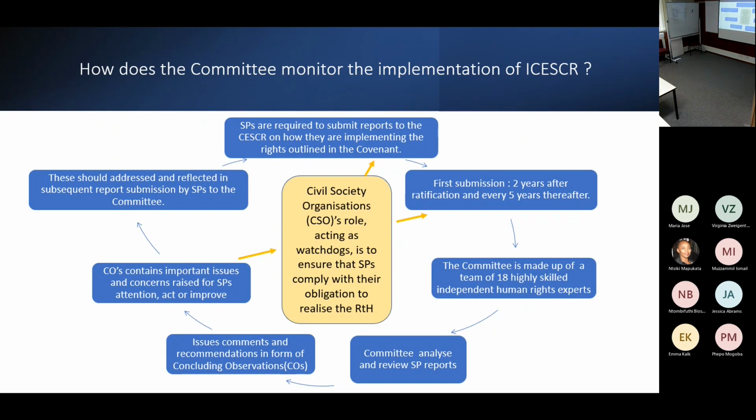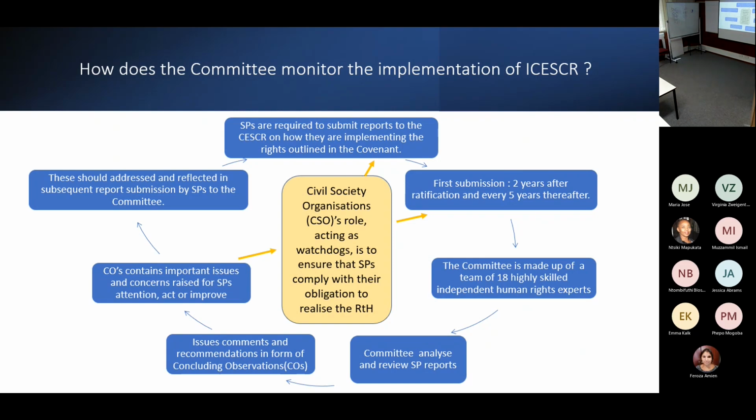These submissions go to the committee, which is made of 18 skilled and independent experts in human rights law. The committee's duty is to analyze the reports submitted by state parties.